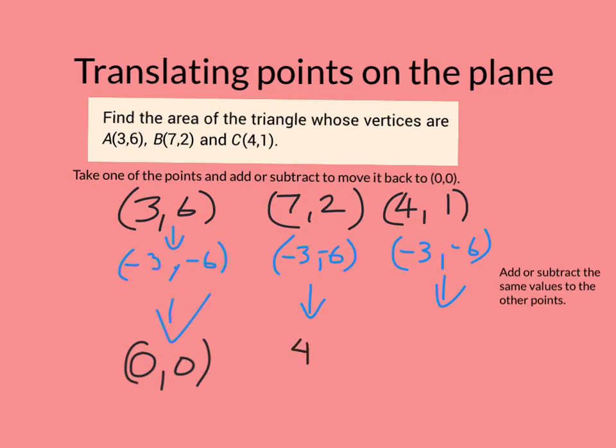And I have 2 minus 6, which is going to give me -4. So that's one of my points. And my next one then, I have 4 minus 3, which gives me 1. And then I have 1 minus 6, which gives me -5.